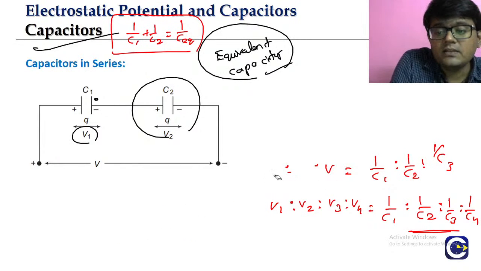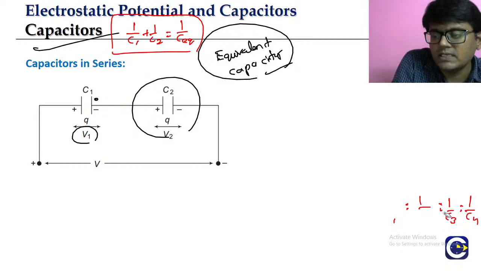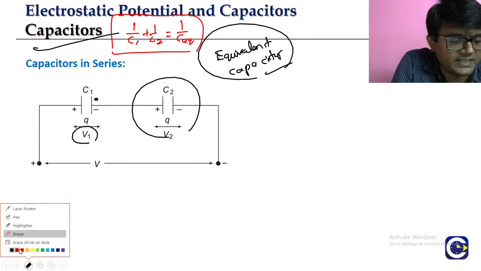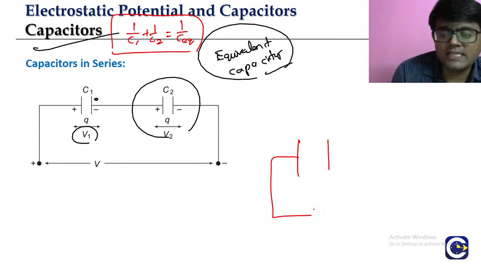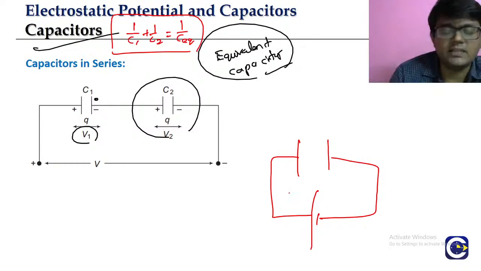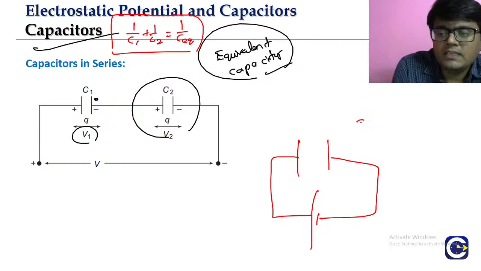Now the point is, why are we keeping the capacitors in series? If we put the capacitors in this series arrangement, what is the benefit? Look, if you have a capacitor connected across a cell or a battery, and you connect it directly, what will you have in the steady state?